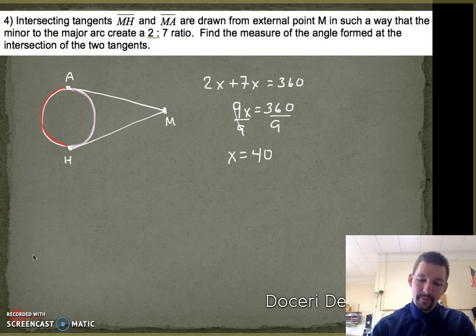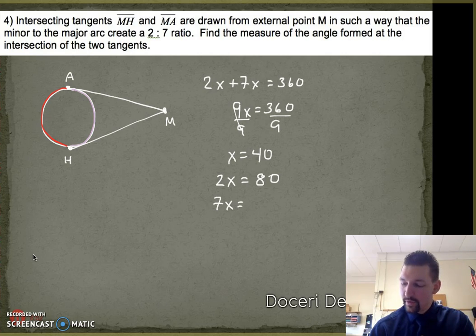40. To find our two arcs, we'll have 2x equals 80, and 7x equals 280. So our two arc measures now are going to be 80 and 280. And then we go ahead and plug into our formula.